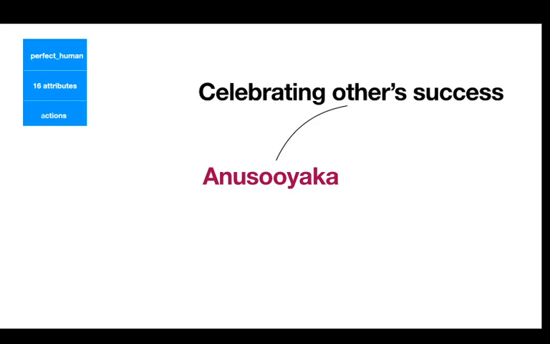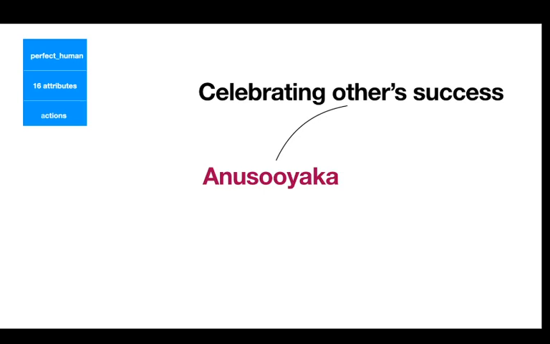Anusuyakaha, that means somebody who doesn't have asuya. What does it mean? One straightforward meaning is a person who can celebrate others' success, who can be part of others' success. He doesn't have asuya, the jealousy, if somebody achieves something.